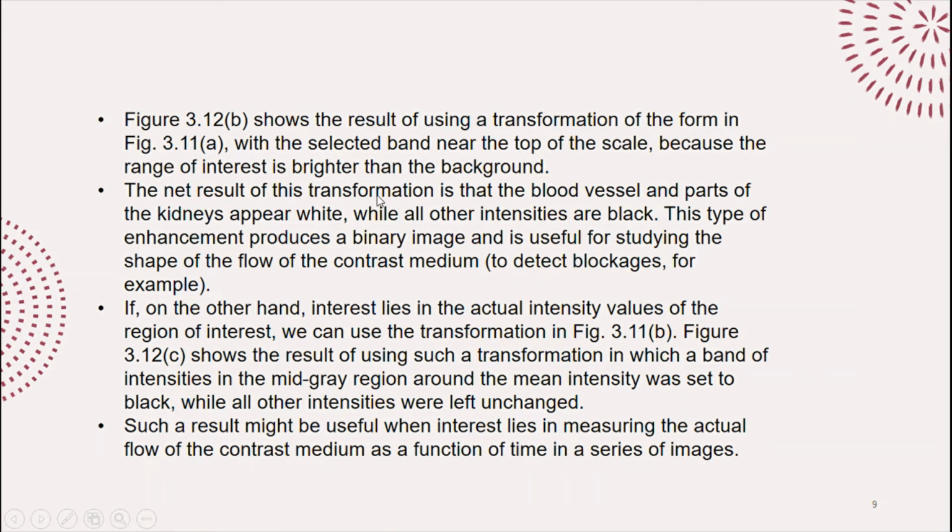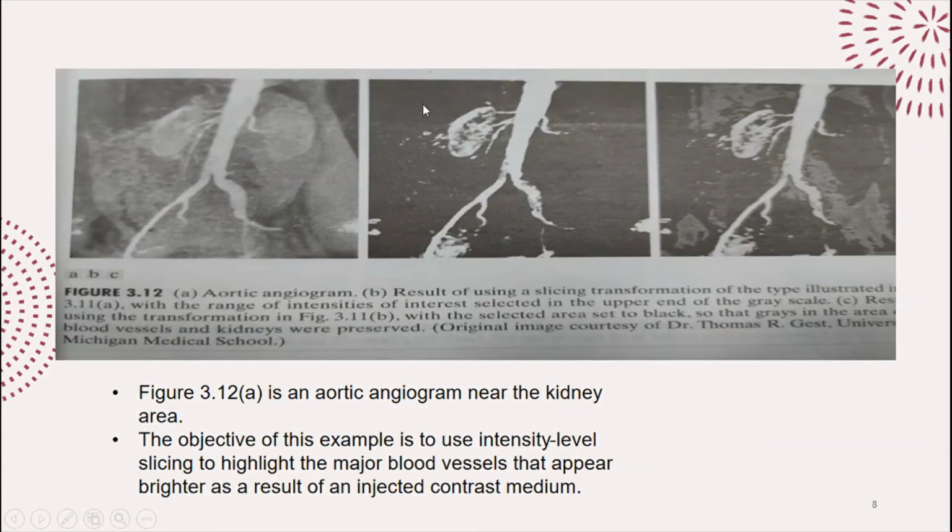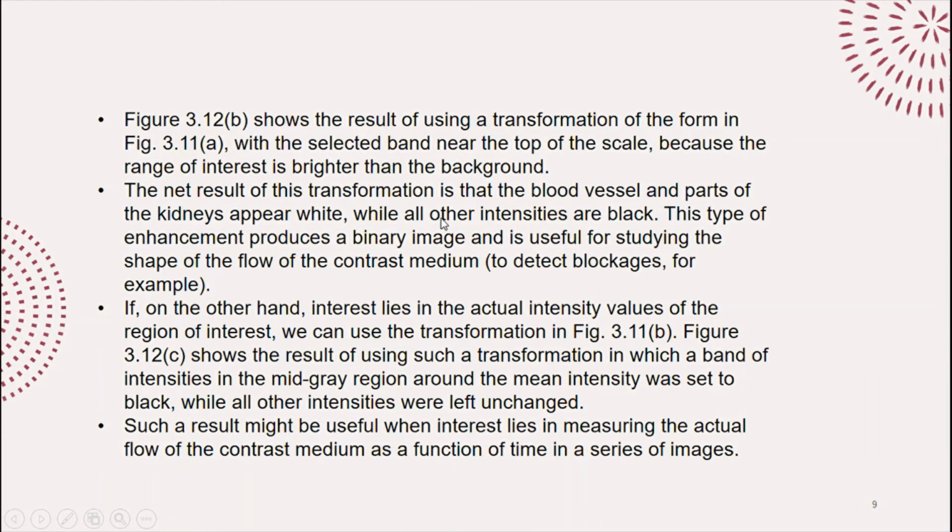The result of this transformation is that the blood vessels and parts of the kidney appear white, while other intensities are black. This type of enhancement produces a binary image and is useful for studying the shape of the flow of contrast medium or to detect blockages.